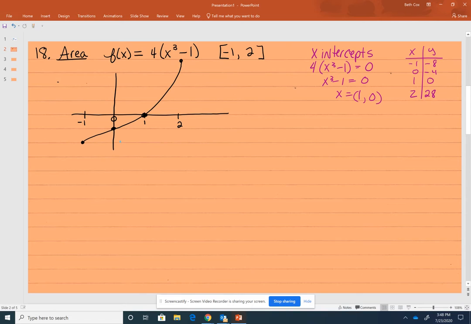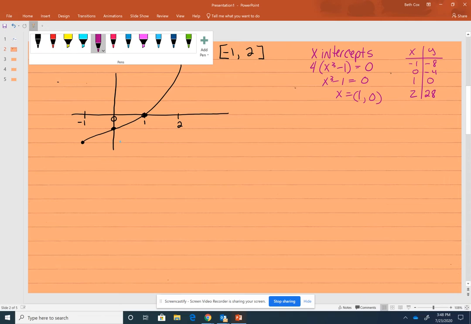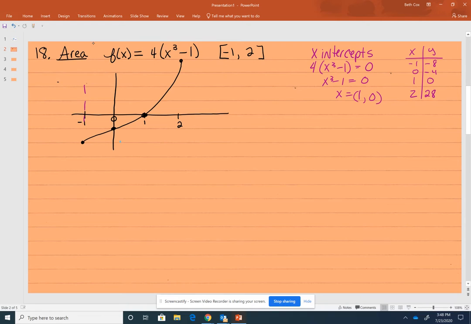And so I need to find the area between this curve and the x-axis on this interval. So I'm looking at this section here and this section here. So I have two sections.